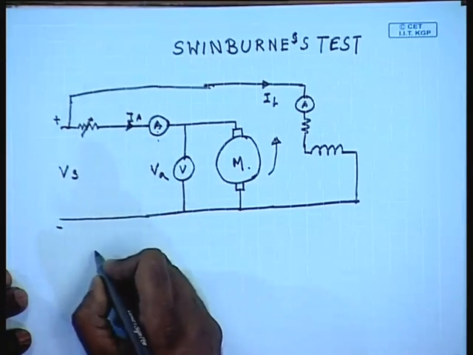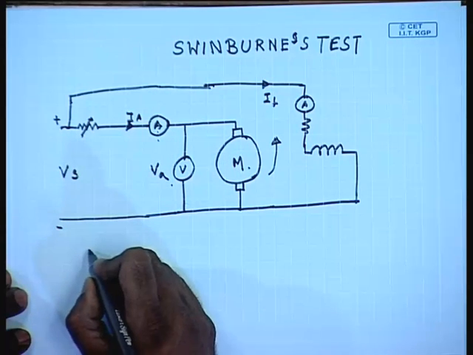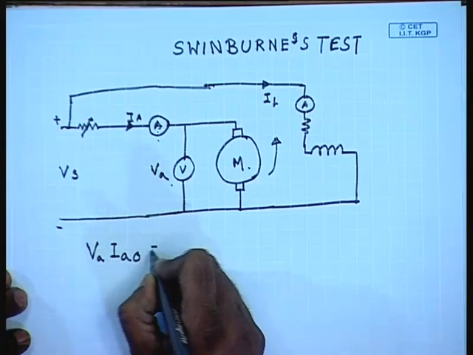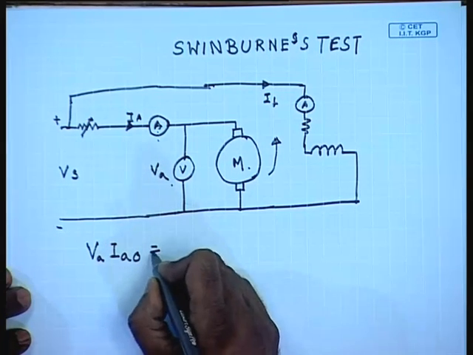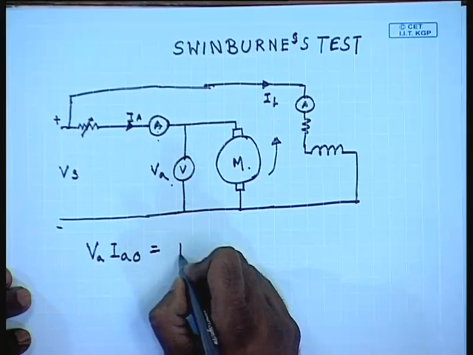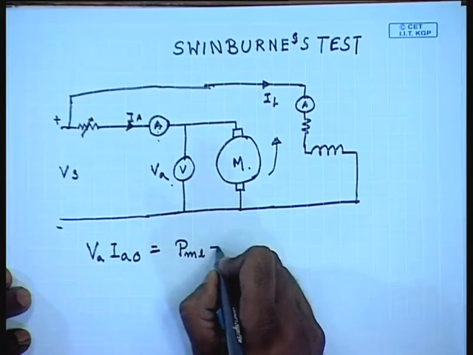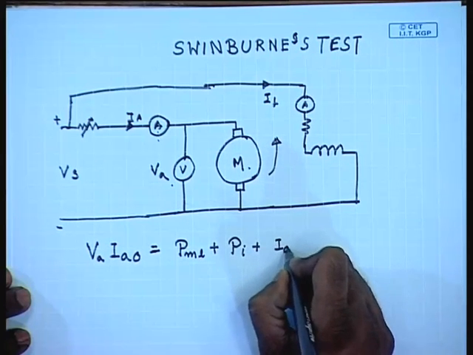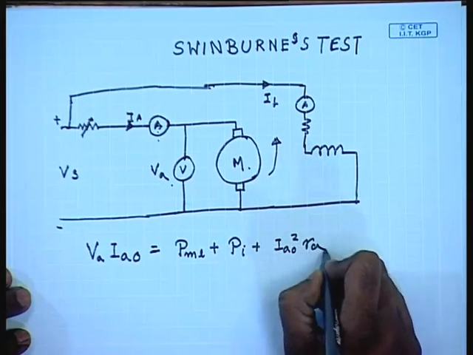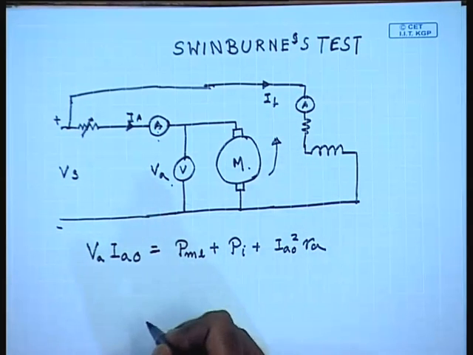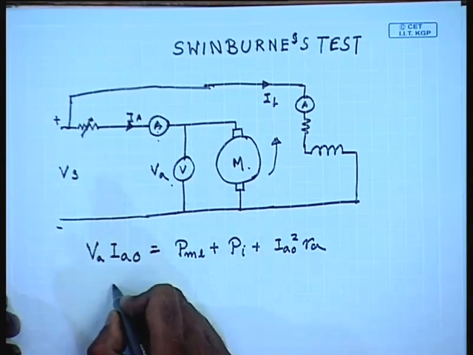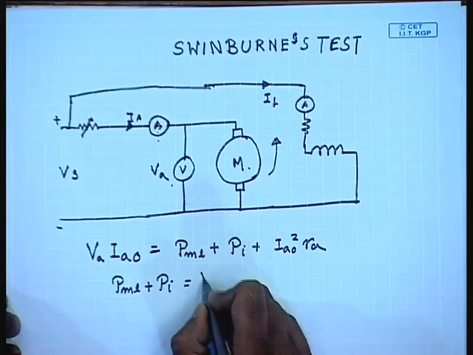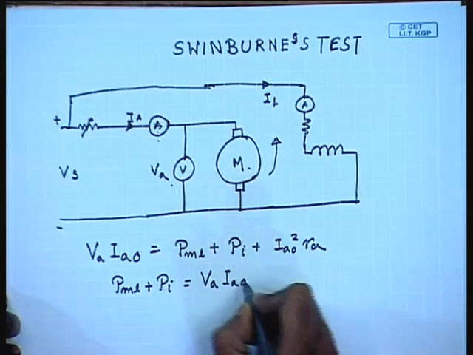So, the power supplied, that is the reading of this voltmeter Va times Ia0, this is basically P ml plus Pi plus Ia0 square Ra, or P ml plus Pi equal to Va Ia0 minus Ia0 square Ra.